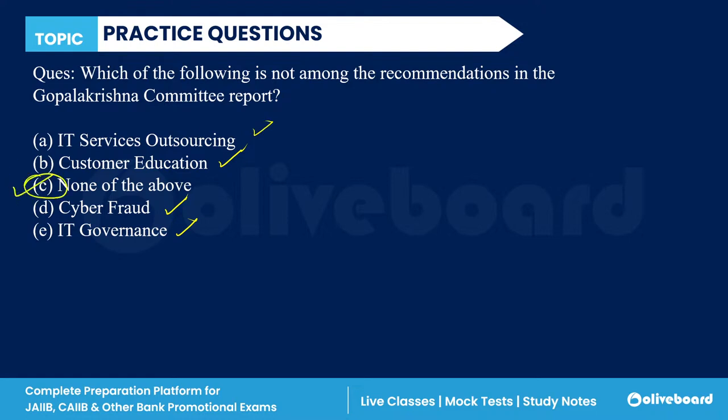So none of the above is the correct answer, because everything is recommended in the Gopal Krishna Committee report. So C, none of the above, is the answer, right?